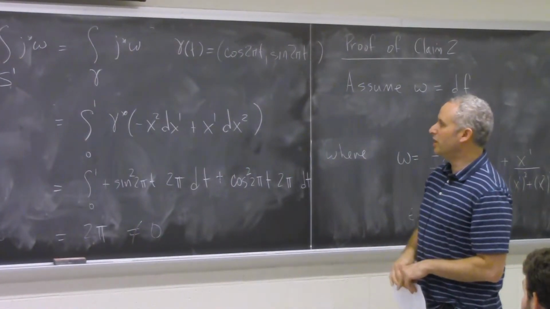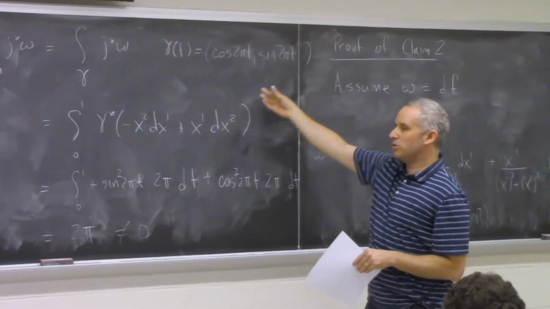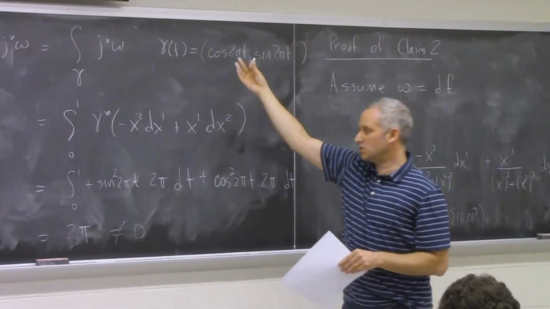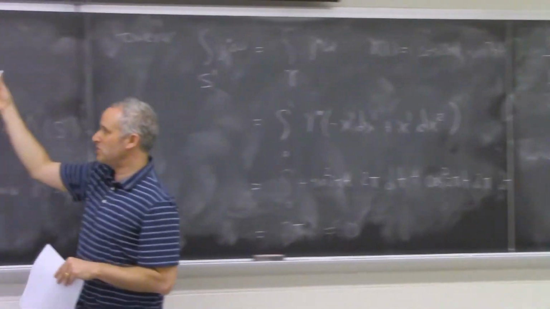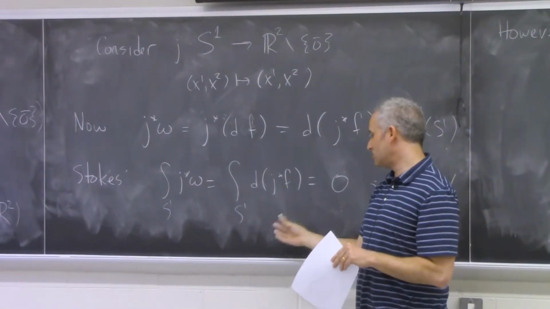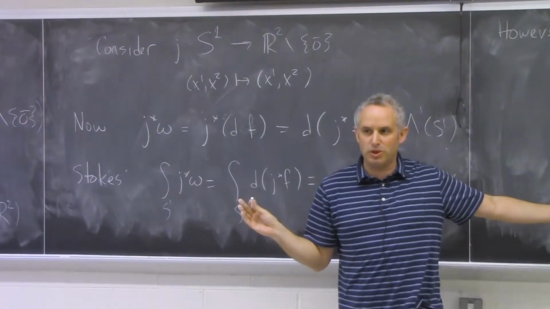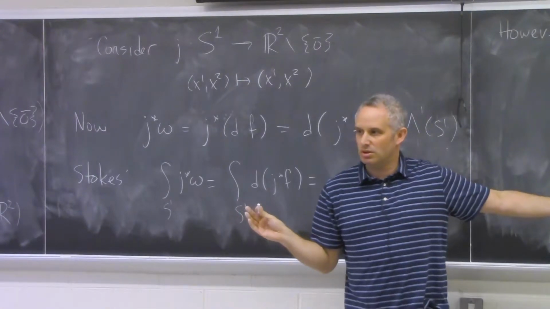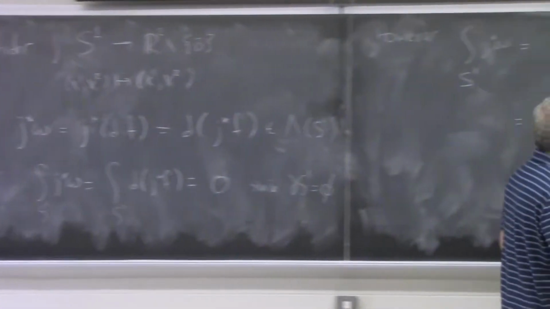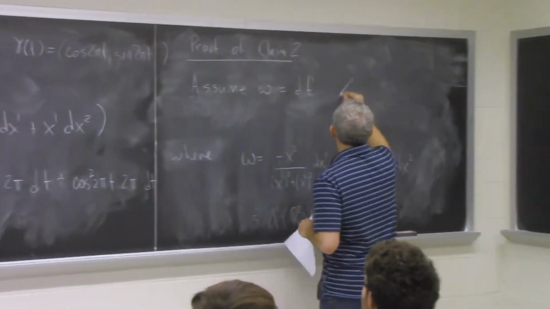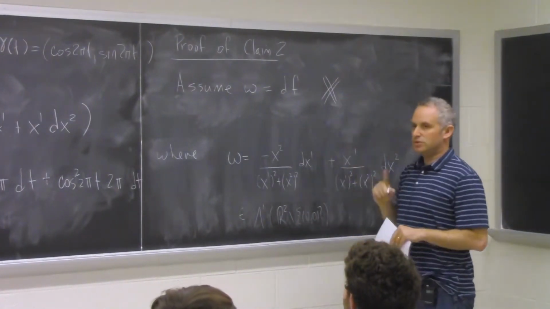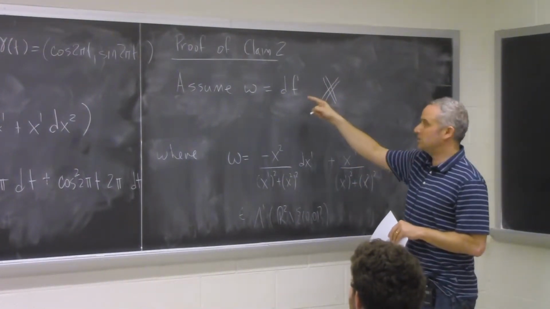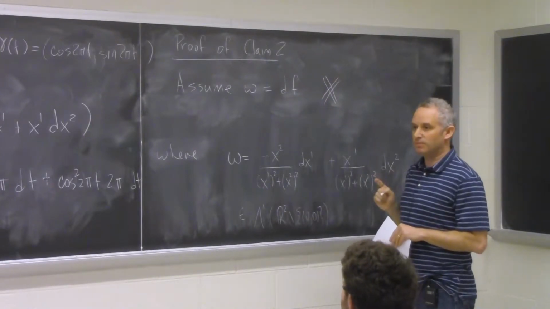OK, so here we didn't need the assumption that omega was exact. We just computed. Before, we used the assumption that omega is exact to derive the fact that this integral would have to be 0, but that's not what we got when we computed. So we've contradicted this and shown that this is not true, so that omega is not d of something.